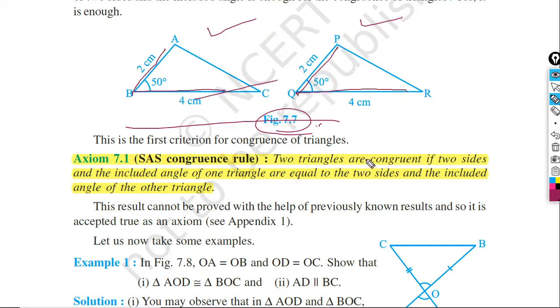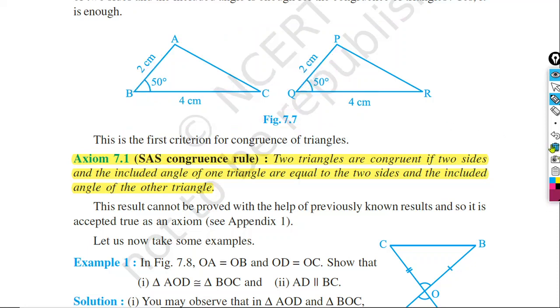So two sides of one triangle are equal to two sides of another triangle, and the included angle also. Included angle means the angle in between. Two sides are equal and the angle in between, that means this angle B is equal to angle Q here, 50 degrees and 50 degrees.